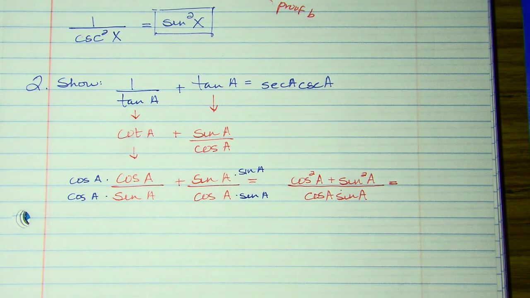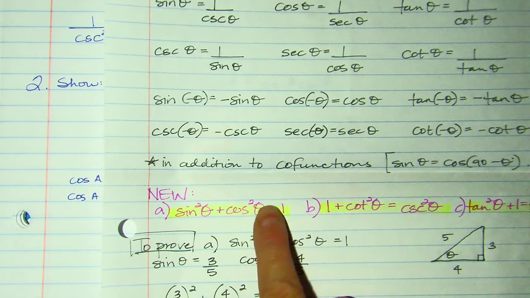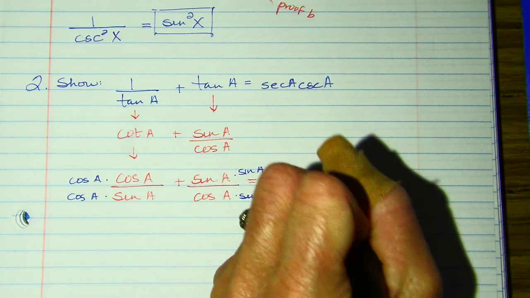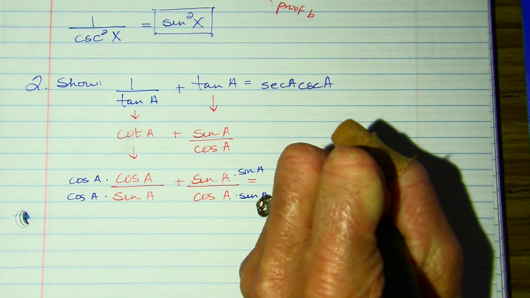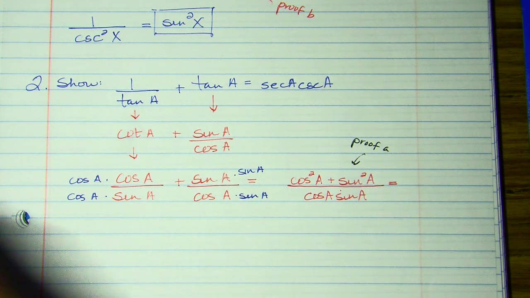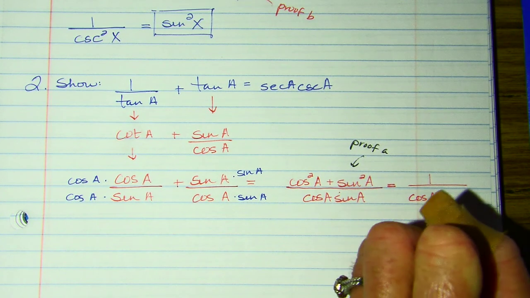So in our proofs, I know that the sine squared of theta plus the cosine squared of theta equals 1. This top part right here is proof A from the prior page, and it just equals 1 over the cosine of A, sine of A.